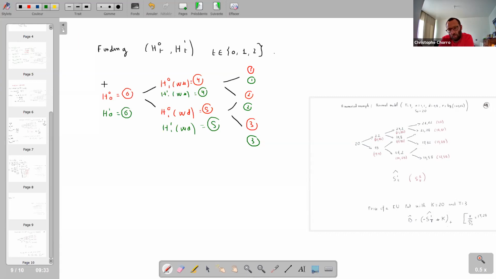So what are we going to do in this situation? We are going to remind ourselves how to do it in the one period model.